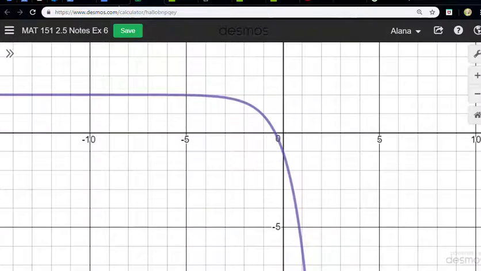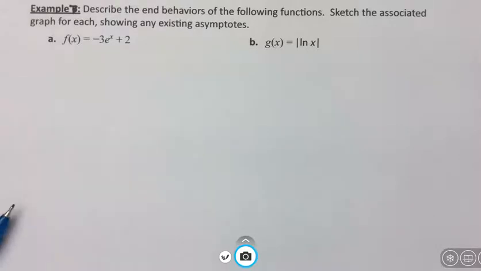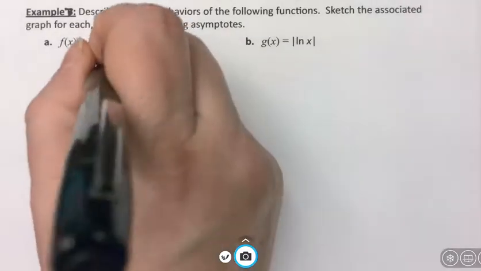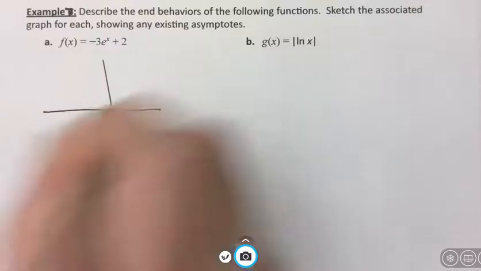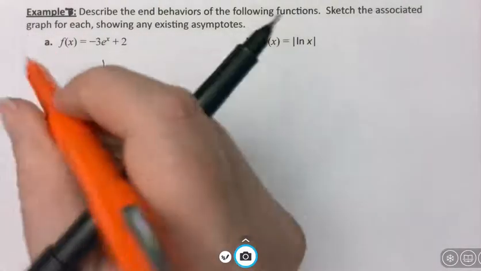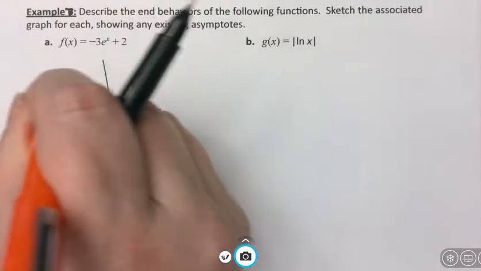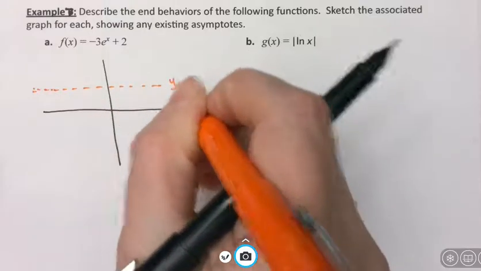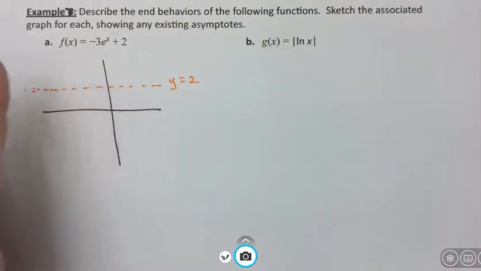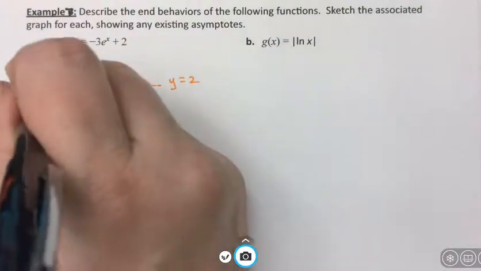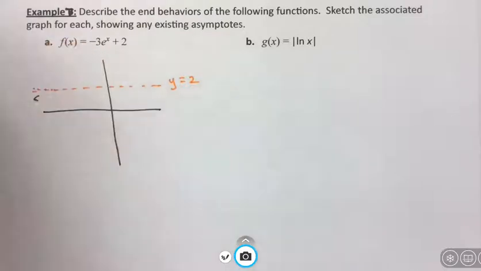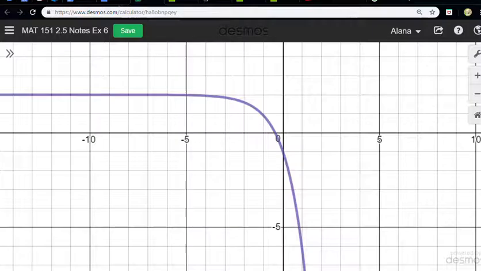All right, so I will draw that graph on our paper right here. I have y equals 2 as a horizontal line. If I can draw a horizontal line. There's y equals 2, that is my horizontal asymptote, excuse me. And then, I can't remember where this thing intersects.